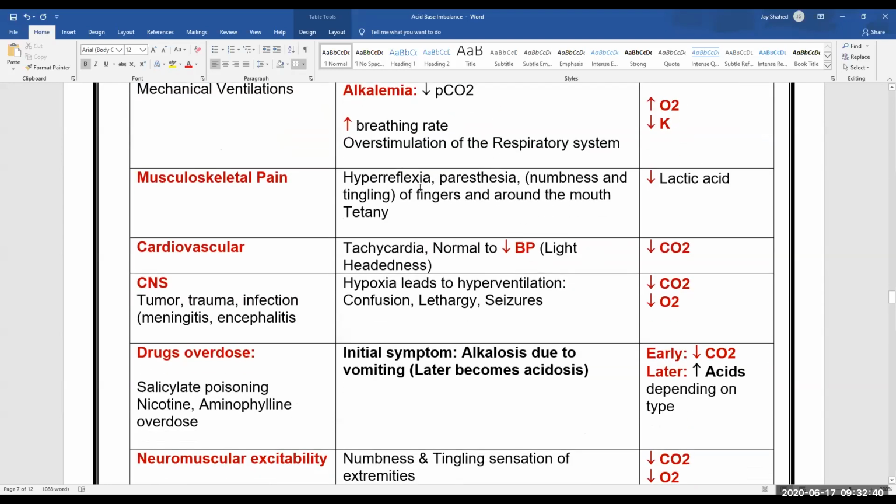What about the muscles here? Again, we're hyperventilating, muscle pain. How are we decreasing lactic acid in this case?